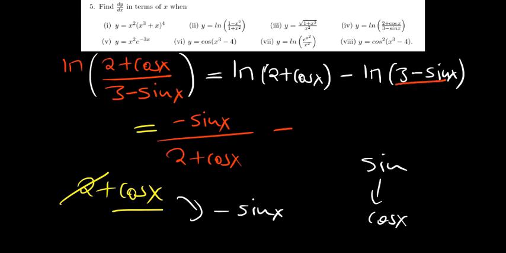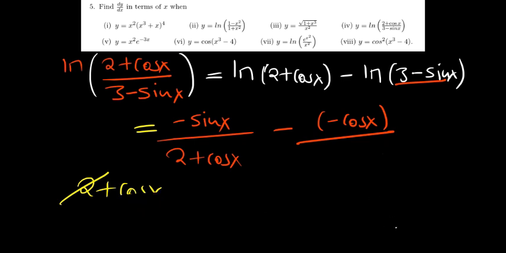for the other part, what's the derivative of 3 minus sine of x? The constant will cancel out. For the derivative of negative sine, sine maintains the sign, so if you say negative sine, it will be negative cosine. So negative cosine of x over the original, which is just 3 minus sine of x.